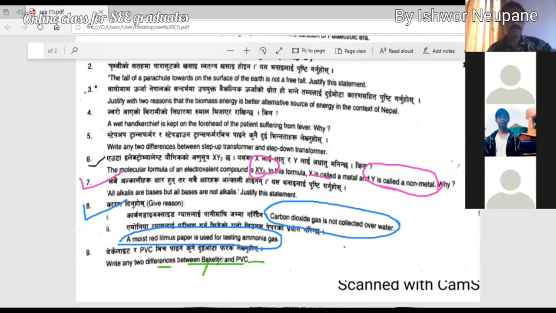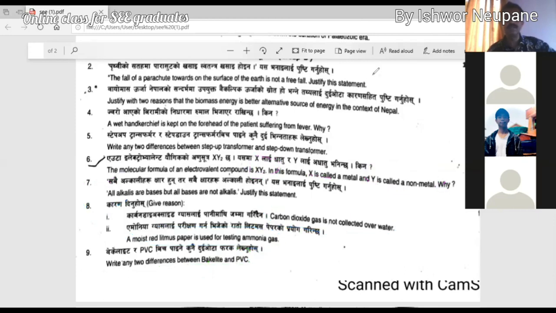Bakelite becomes hard on heating. PVC becomes soft on heating. Bakelite cannot be remolded. PVC can be remolded. Okay, so that is completed.